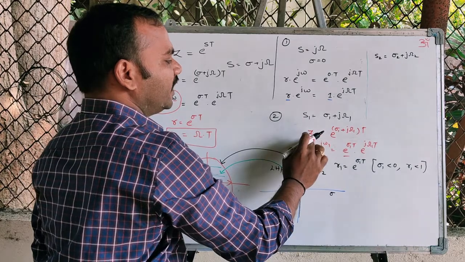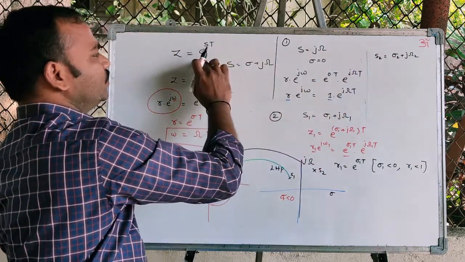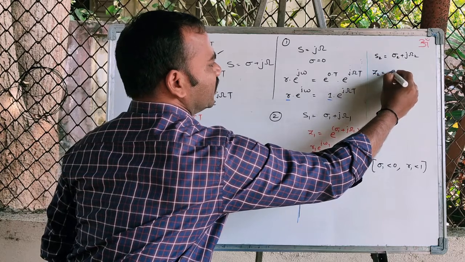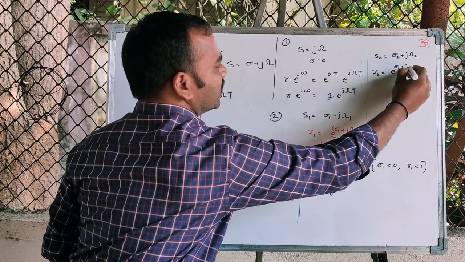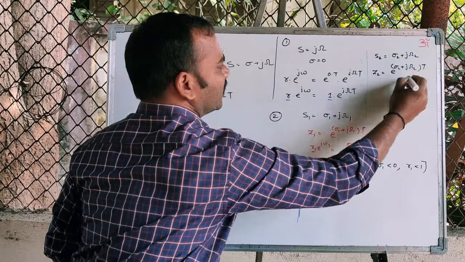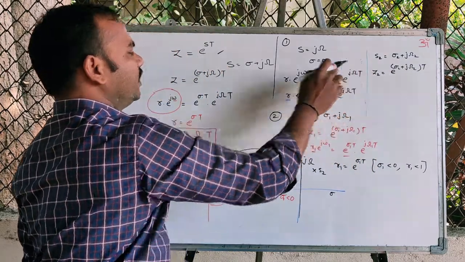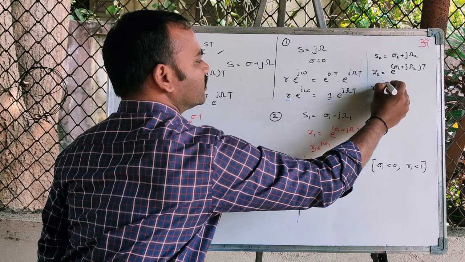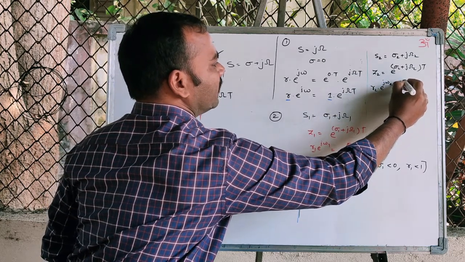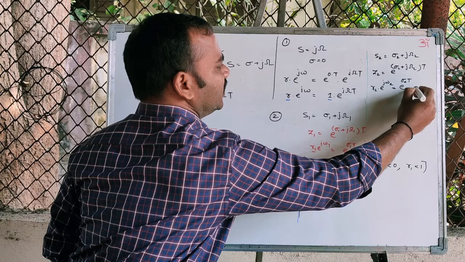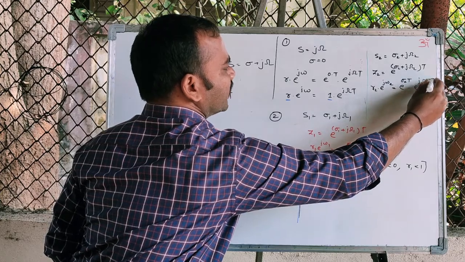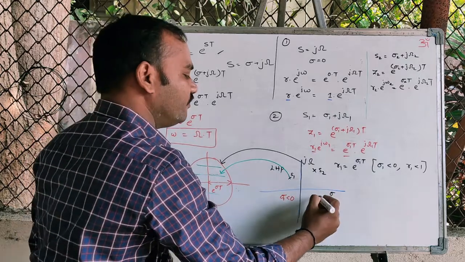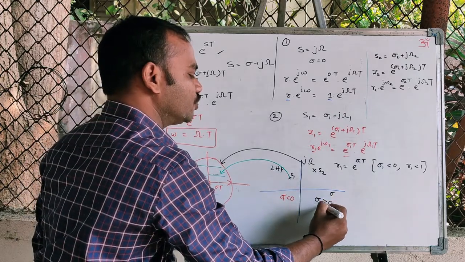Now we will substitute this pole into this mapping, then z2 = e^((σ2 + jΩ2)T). Now again we will express this z2 in polar form, then we get r2 e^(jω2) = e^(σ2 T) e^(jΩ2 T). Now for a pole to lie in the right half of the s-plane, the σ value should be greater than 0.